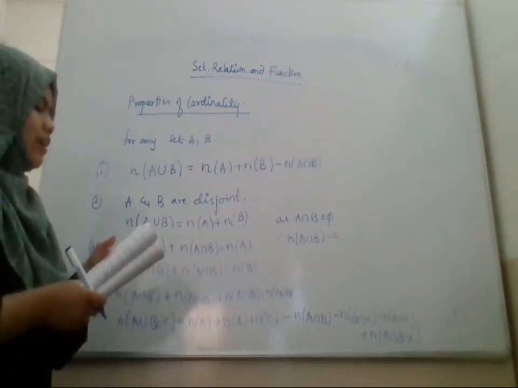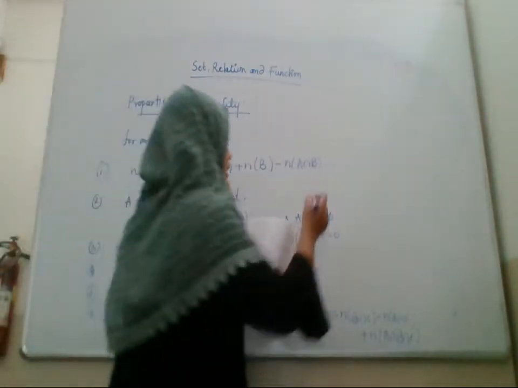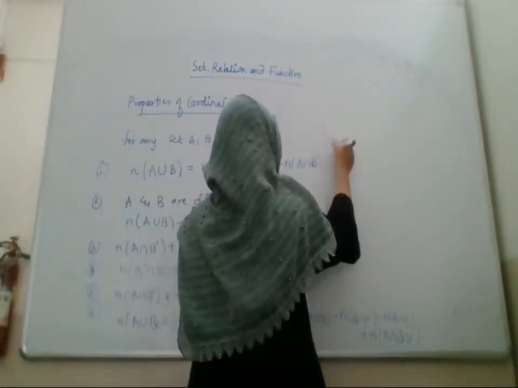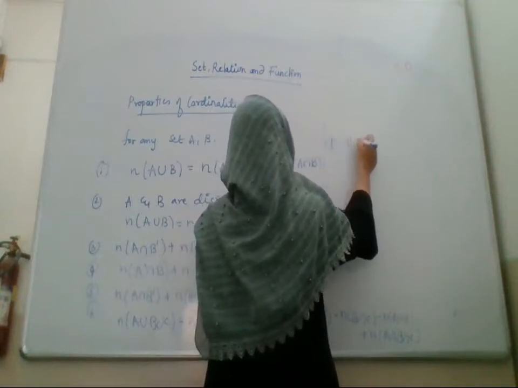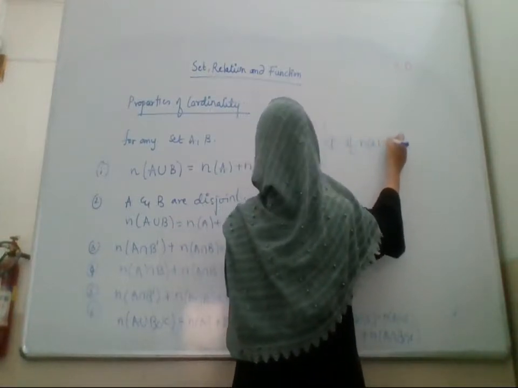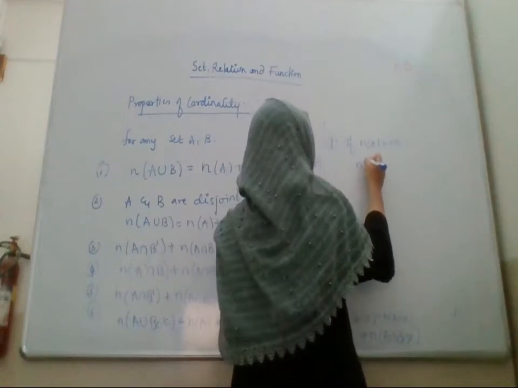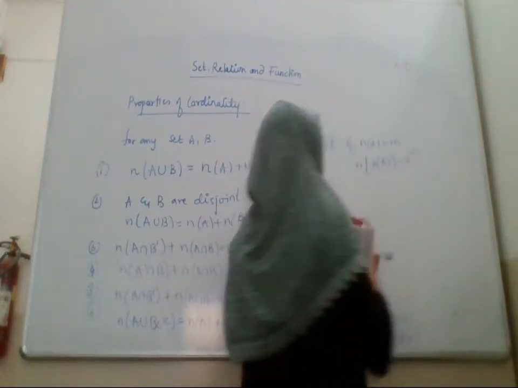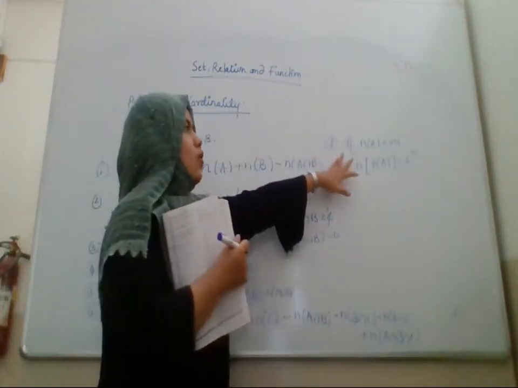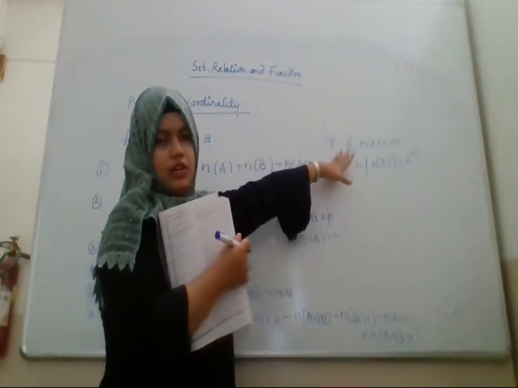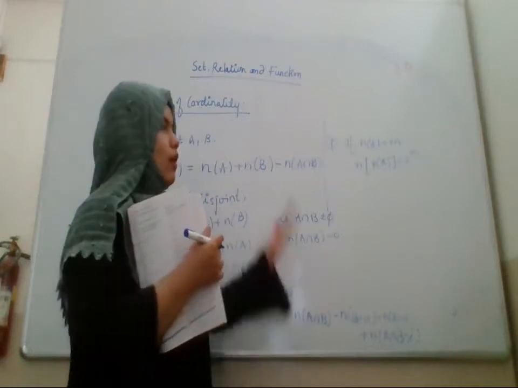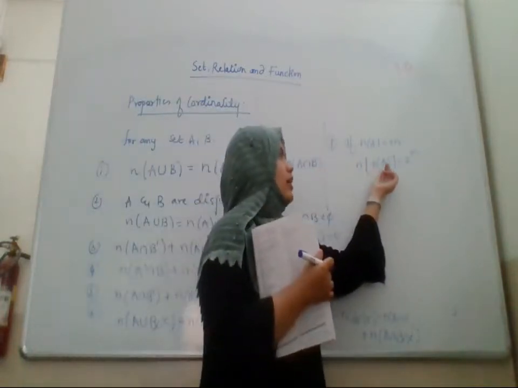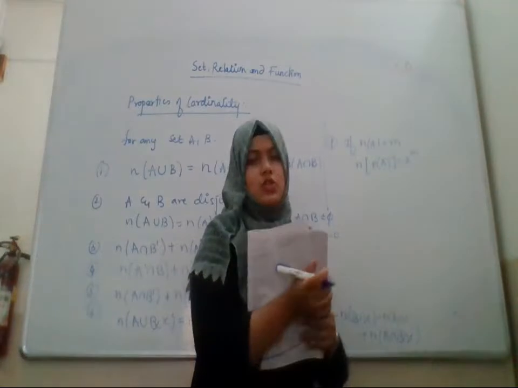Now the next is the seventh property: if cardinality of A is equal to n, then cardinality of its power set will be 2 raised to n. This we have discussed while studying power set. मैंने वहाँ पे explain किया था why cardinality of power set is 2 raised to n.